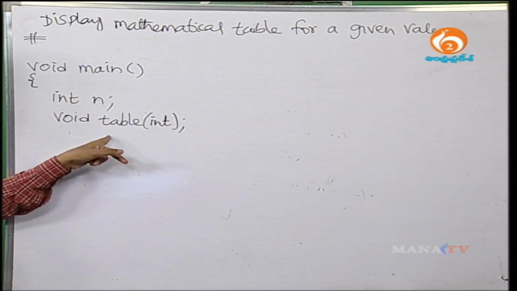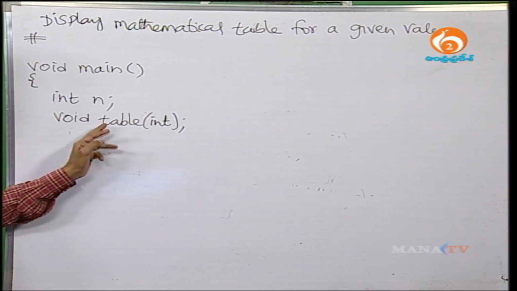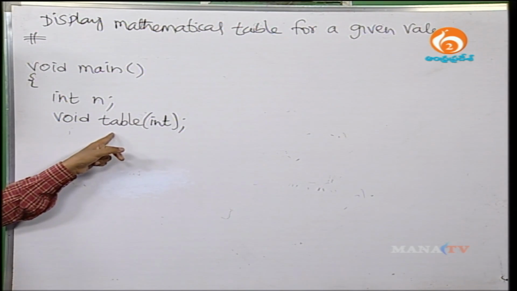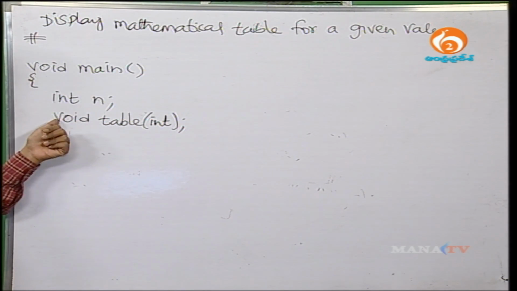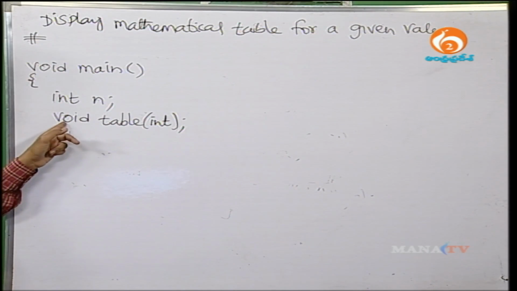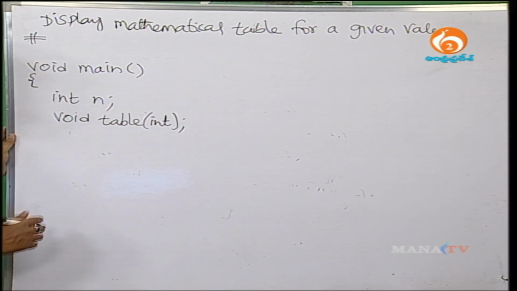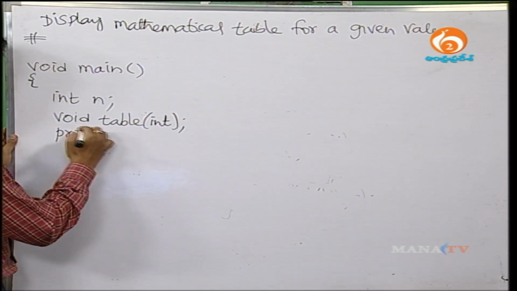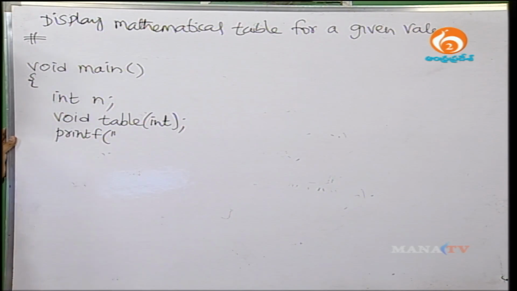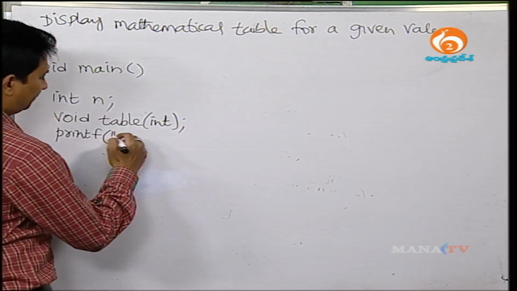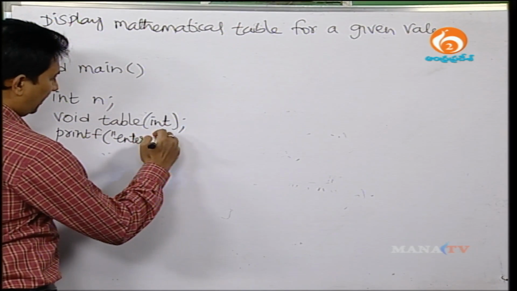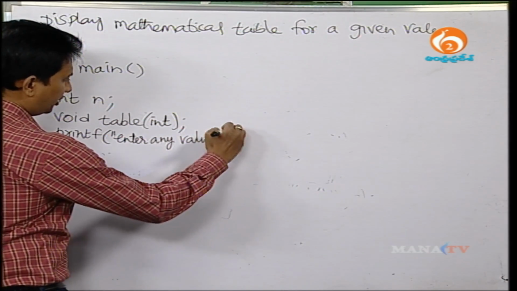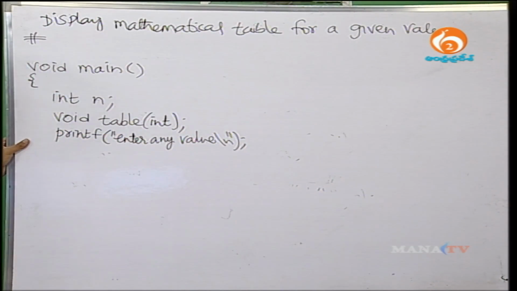We are going to pass some value to the function from the calling function. It is not going to return any value because it is void. Next printf, enter any value, \n.